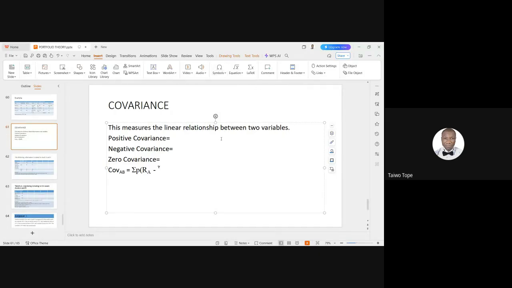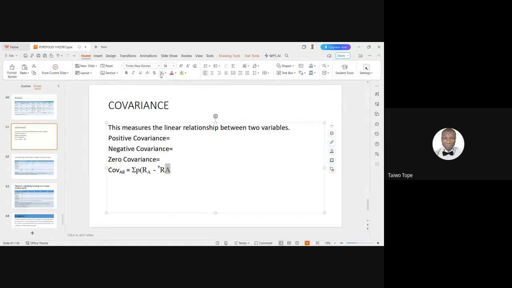That is R bar A. So you have it in this form: RA minus R bar A multiplied by what?